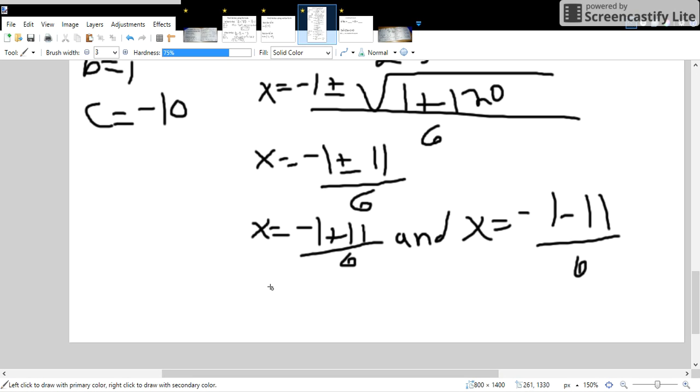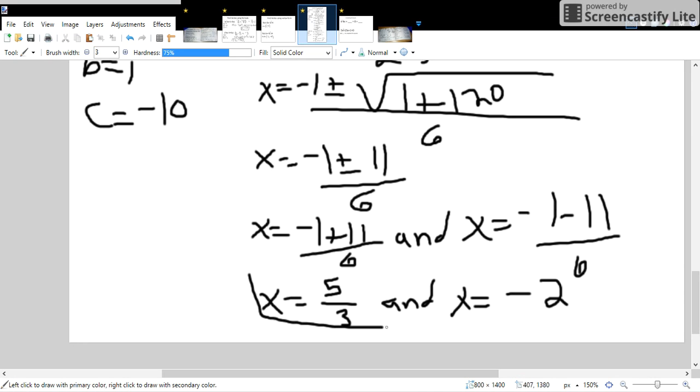If you solve these out, you get x equals 5 over 3, and x equals negative 2. And so that would be our two roots for this equation.